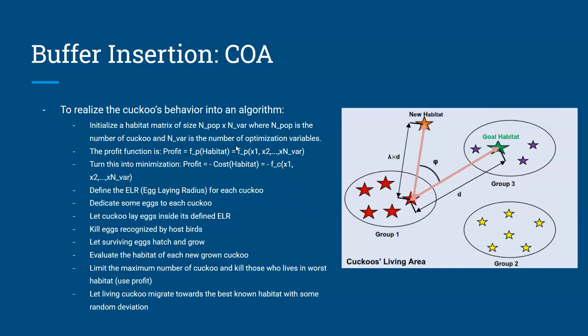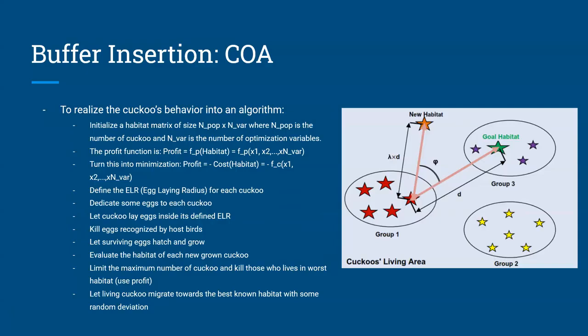To realize this behavior into an algorithm, we first initialize a habitat matrix of size population versus variable. The variable is the number of optimization variables. The profit function is basically a function of the habitat. And in order to turn this into minimization, we say that the profit is the negative of the cost.